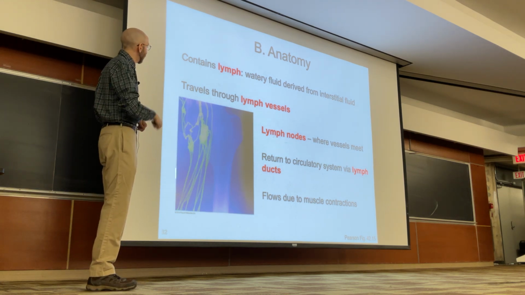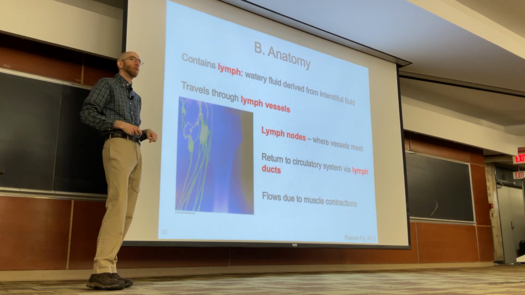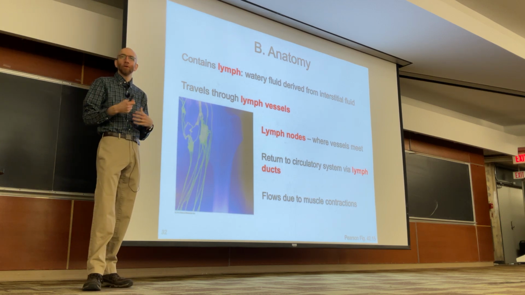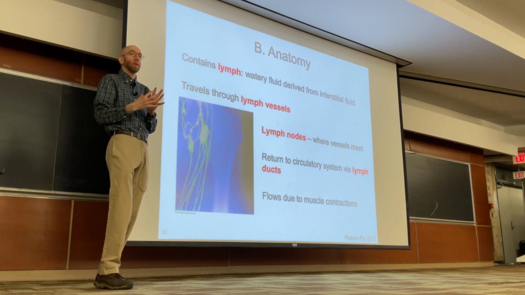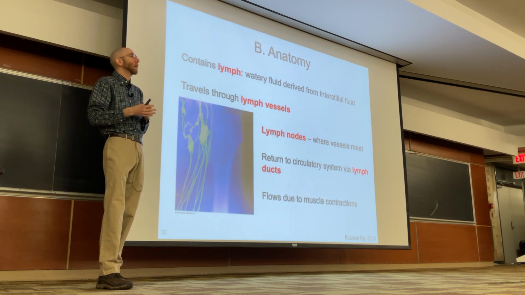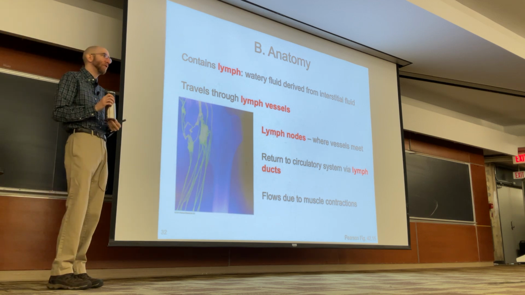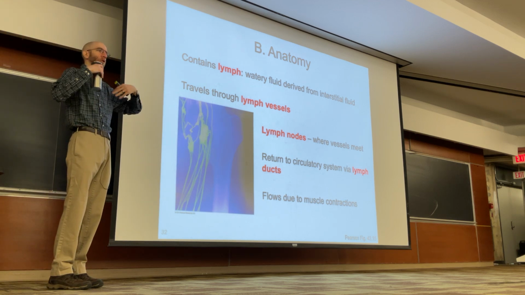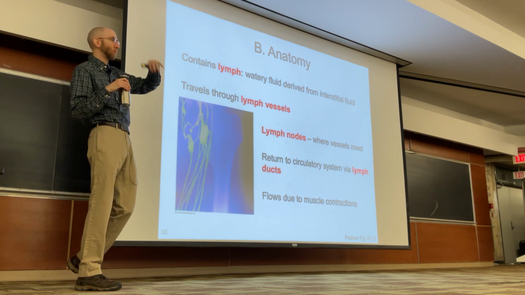Now the fluid is going to move through the lymph vessels basically like it moves through veins. So lymph vessels are going to be surrounded by your muscles. As your muscles contract, you're going to push the fluid through your lymphatic system, and ultimately it's going to circulate back into the veins, back into your blood vessels in your upper body. And so that fluid gets returned to your blood vessels.